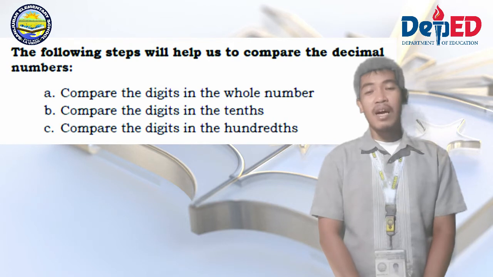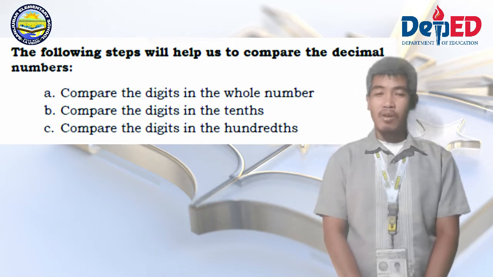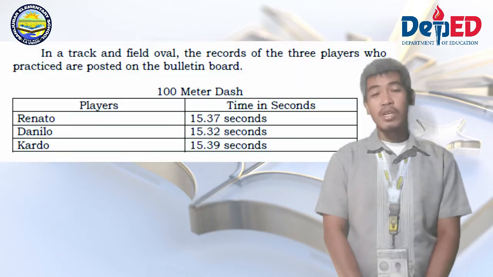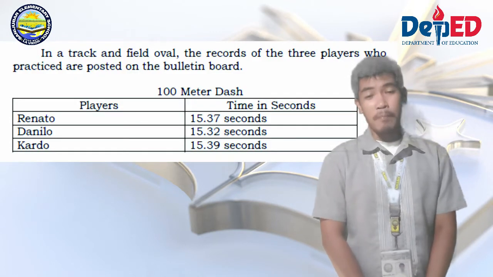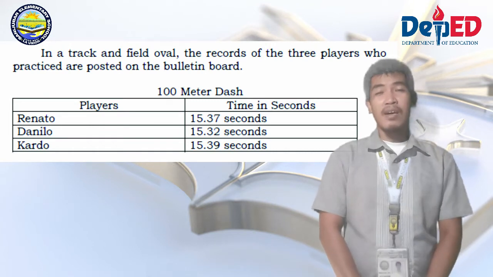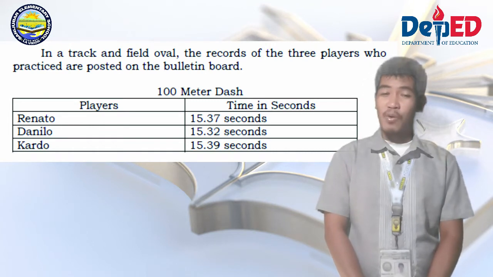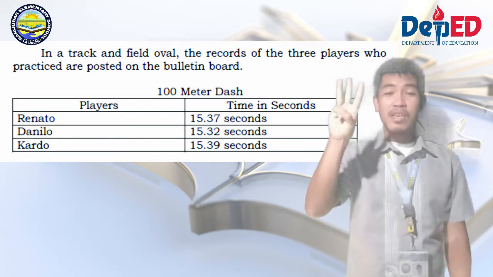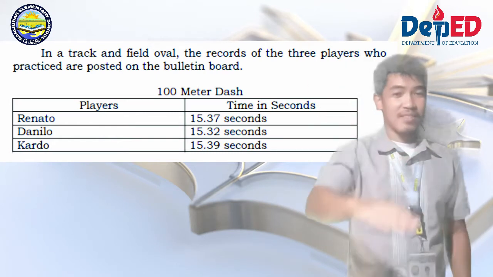Let's take a look at the following table of a 100-meter dash wherein there are 3 competing players. Who among the 3 players is the fastest?